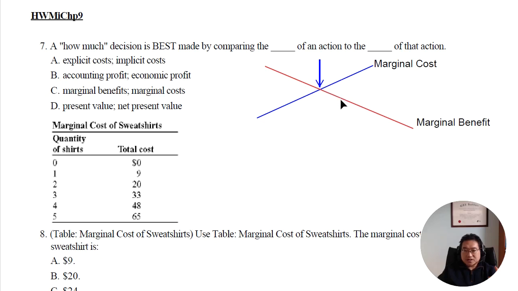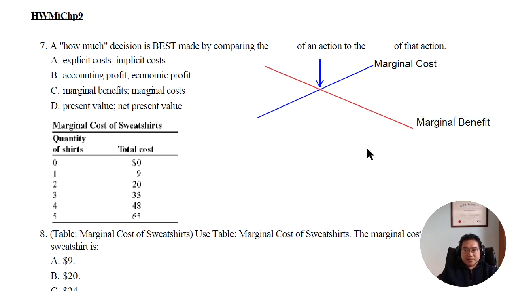The marginal cost is higher than the marginal benefit. It creates a negative net marginal benefit, or I can say a negative marginal net benefit. That means your total benefit will become smaller.